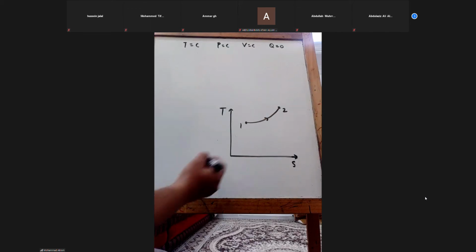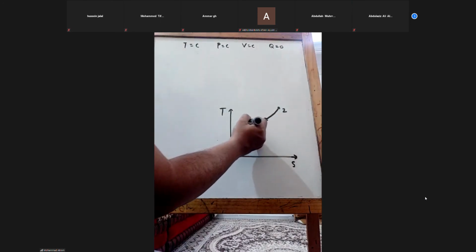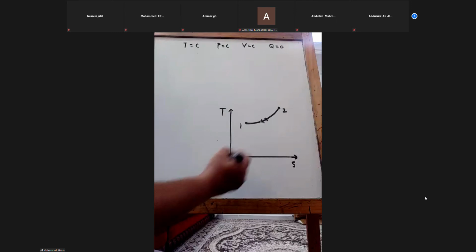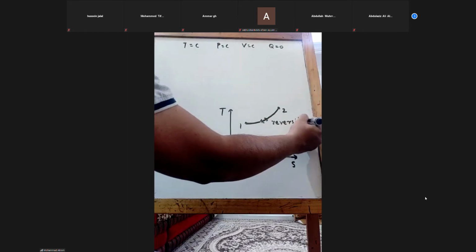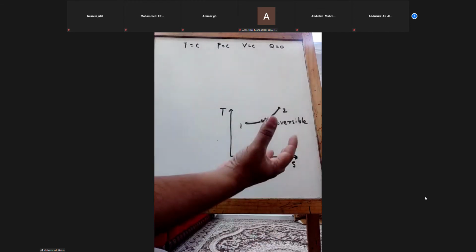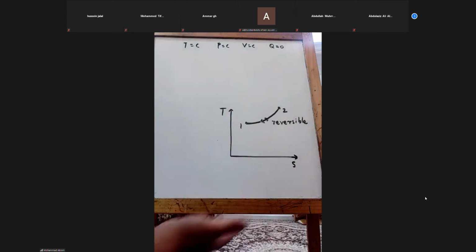Now, if you heat from 1 to 2, and then you cool it, if it comes back again to 1 by the same path, then the process is called reversible, like an elastic material. In thermodynamics, for example, if you heat water and then cool it, and the same amount of water comes to the same temperature by the same path, then we can call it a reversible process.